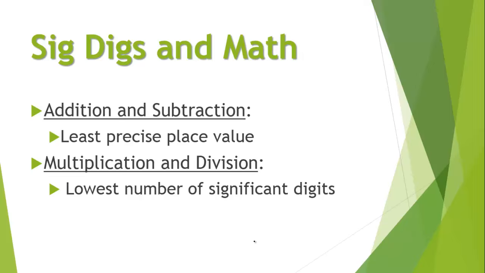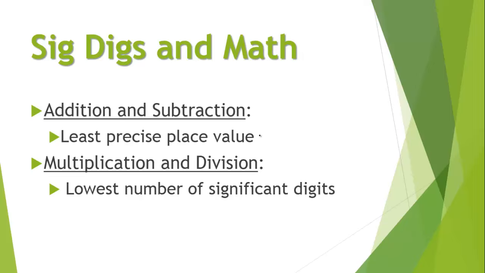Where with multiplication and division, this is where the significant digits really come into play. How many total sig digs are in our numbers? Which one has the least number of sig digs? And we're going to round our answer to show the lowest number.